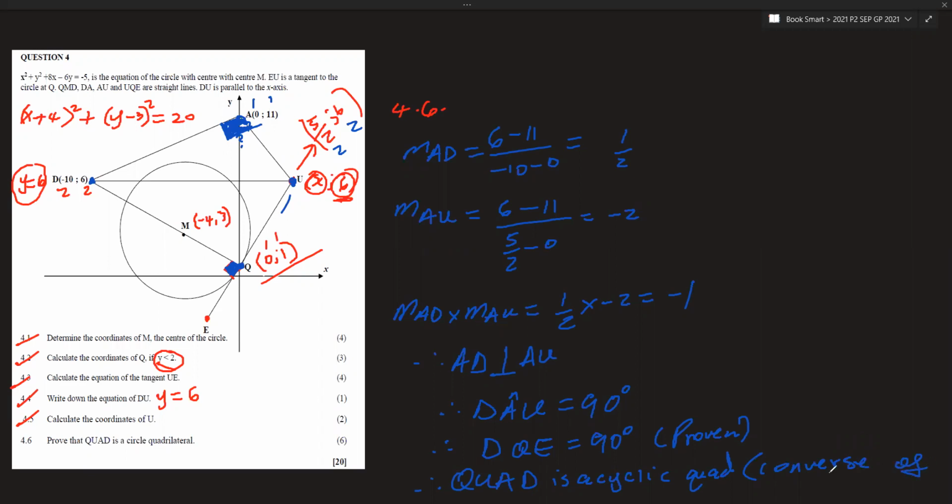Converse of exterior angle equals to interior opposite angle in a cyclic quad. Then finito.